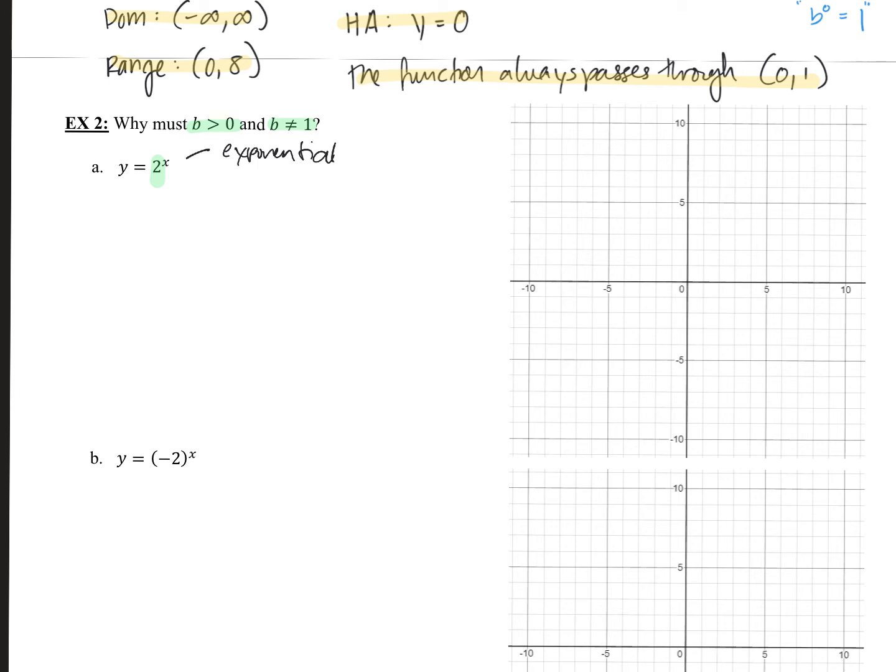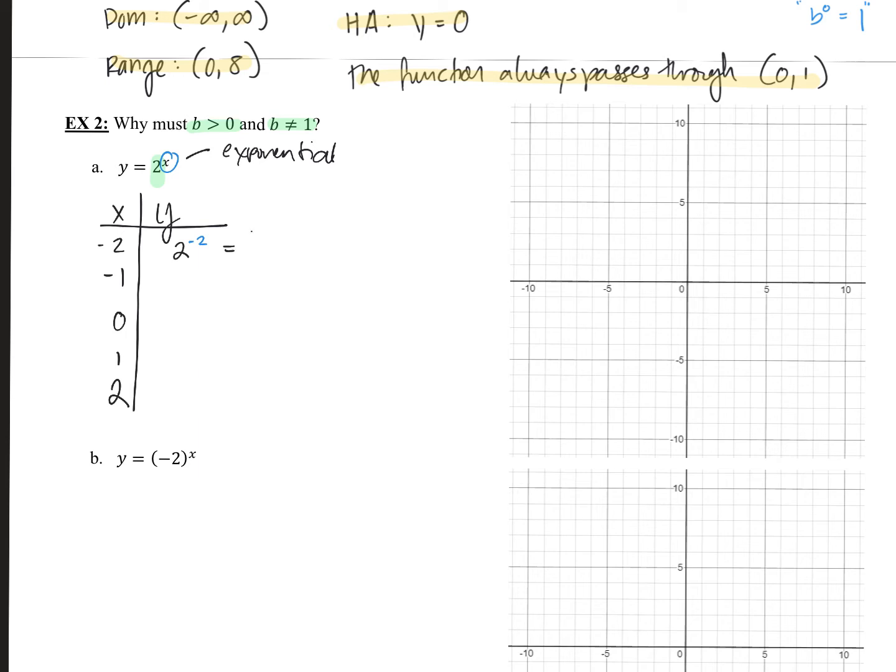So let's take a look at what the graph ends up looking like. We'll go ahead and graph using a table of values. Please note we'll not use transformations in this class. For a table of values, I usually just pick values like -2, -1, 0, 1, and 2, just to get a good basis: pick some negatives, pick some positives, and pick 0. So if we pick -2, this is 2 to the -2 power.